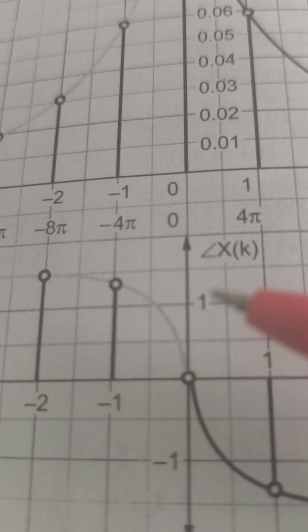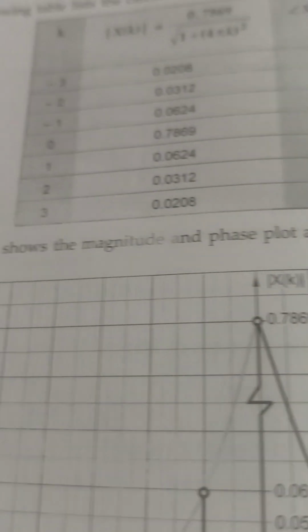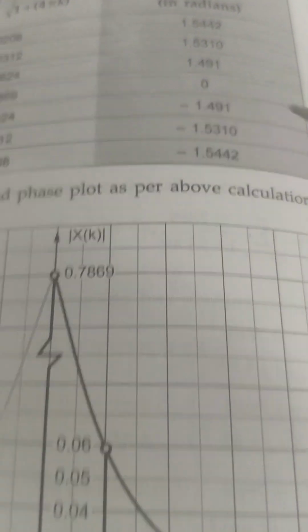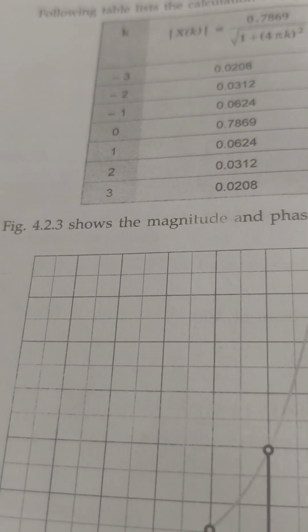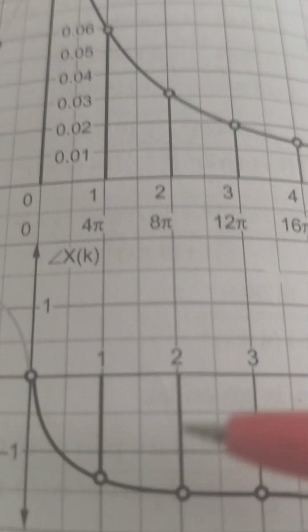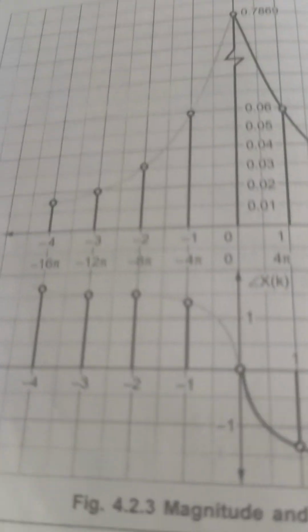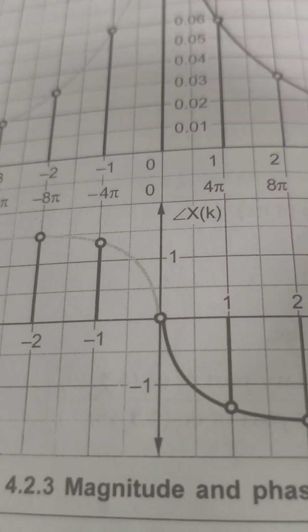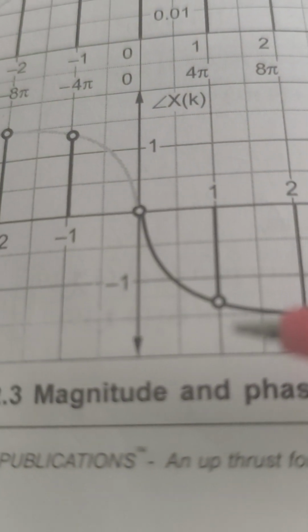For 0, where the value of k is 0, the phase is 0 only. For 1, the value is in terms of minus. Minus means this is the positive axis and this is the negative axis.